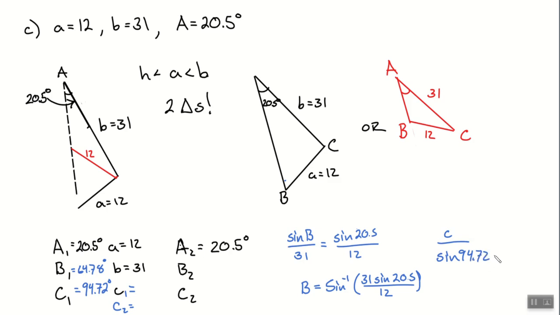C over the sine of 94.72 is equal to 12 over the sine of 20.5. Okay, shout it out once you get it. 34.171218. Sorry, 175, I think. Okay, 15.